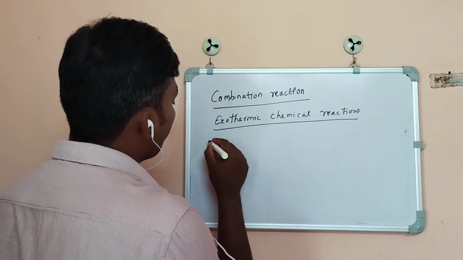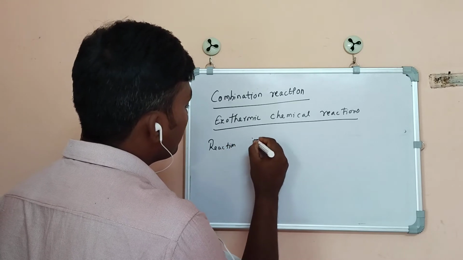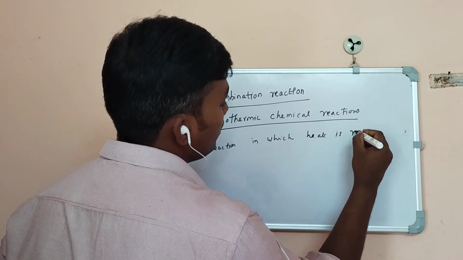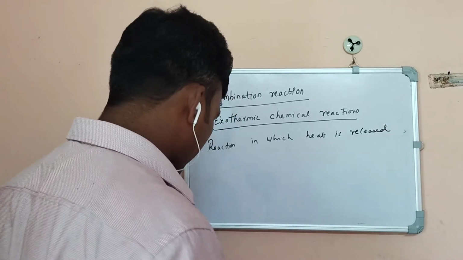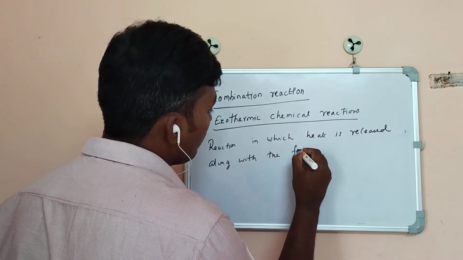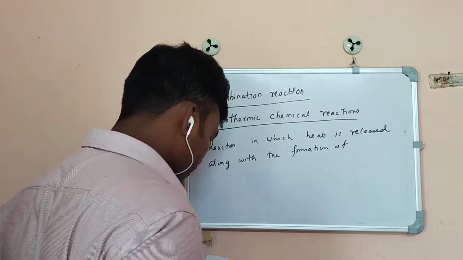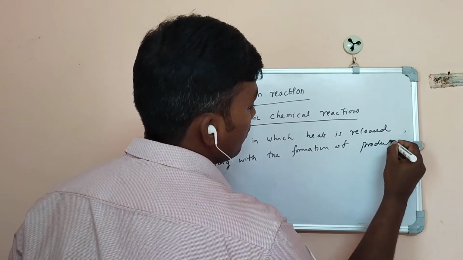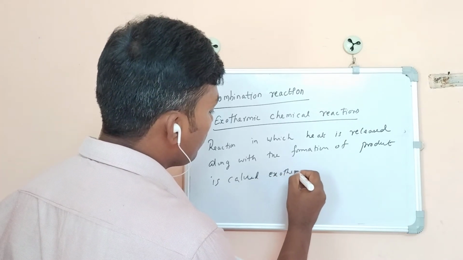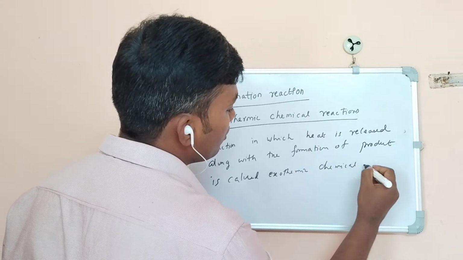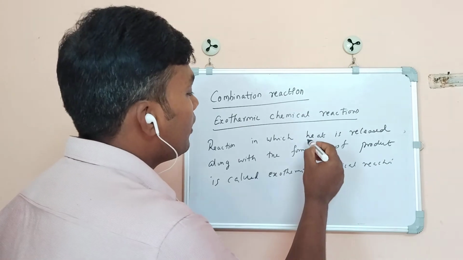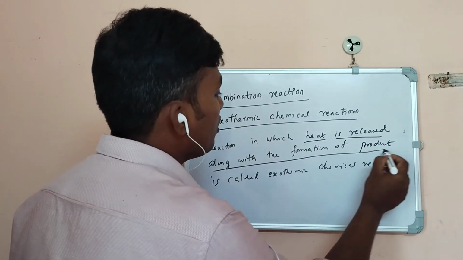A reaction in which heat is released along with the formation of a new product is called an exothermic chemical reaction.